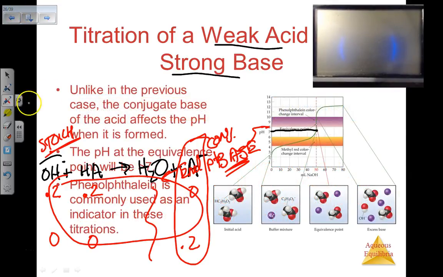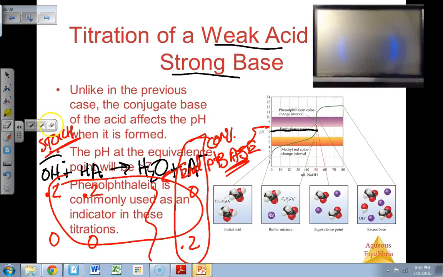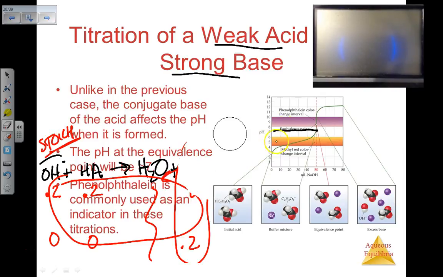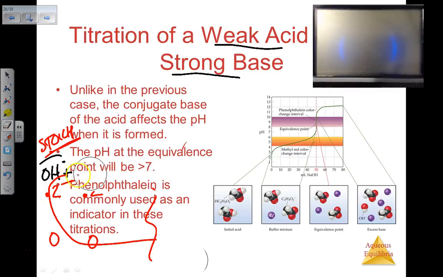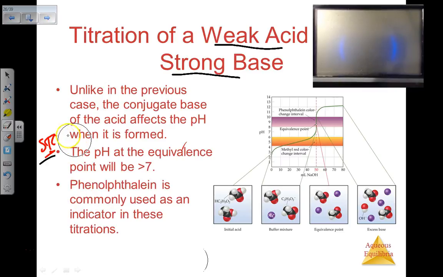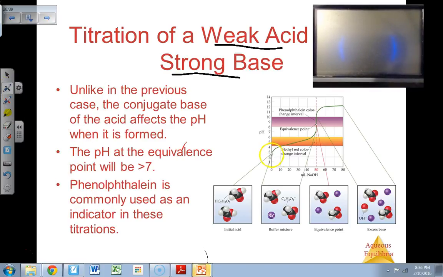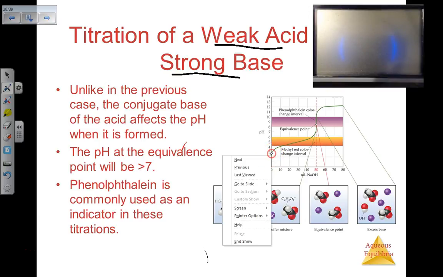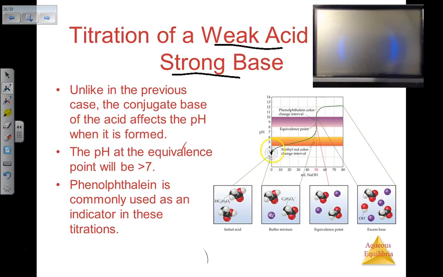One of the other things to note in a titration curve, okay, let's talk about the shape of the titration curve here, is that notice it starts out at whatever the pH of the weak component is, and then it moves in here.